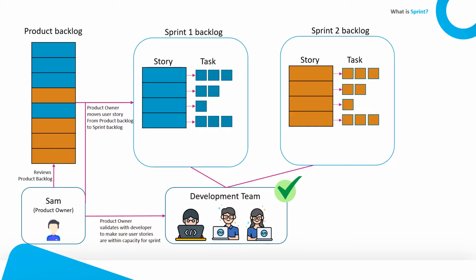So if a new story gets added to the sprint backlog, then it is very possible that one of the existing stories will have to be moved out of the sprint backlog to the product backlog. And that is a very common scenario. So that accomplishes the first step, which is setting the sprint goal.